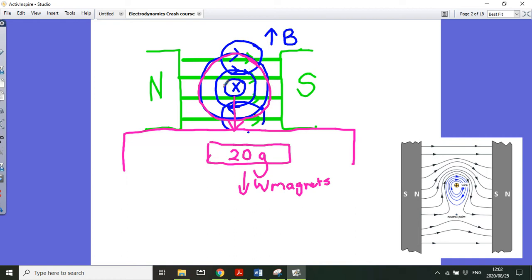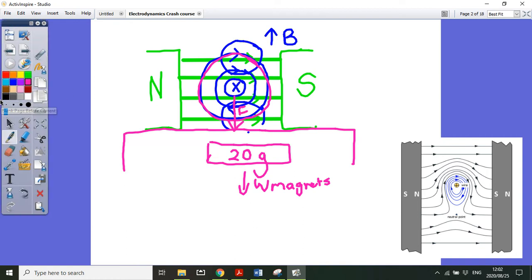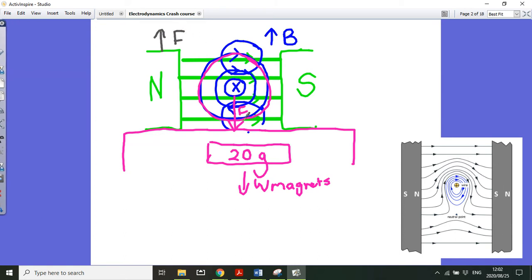Now remember, if the wire experiences a force because of the magnets, the magnets must also experience a force because of the wire, because these two magnetic fields are interacting with each other. So if the wire experiences a downward force, then you need to realize that the magnets will experience an upward force, which is the same size as this pink force, because it's Newton's third law.